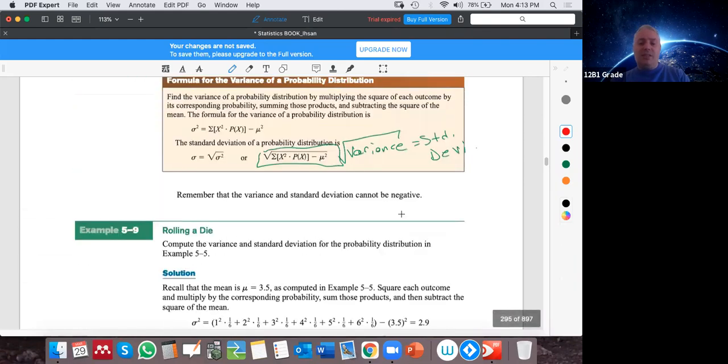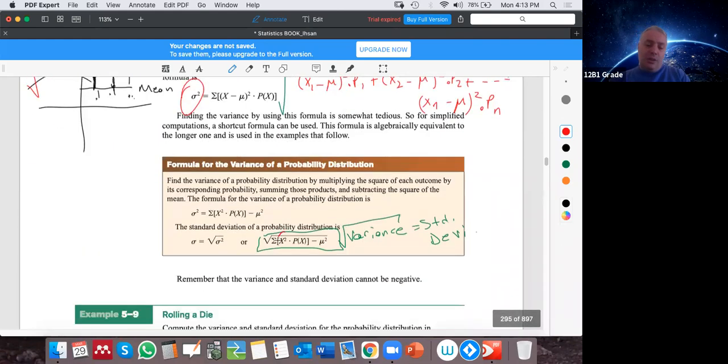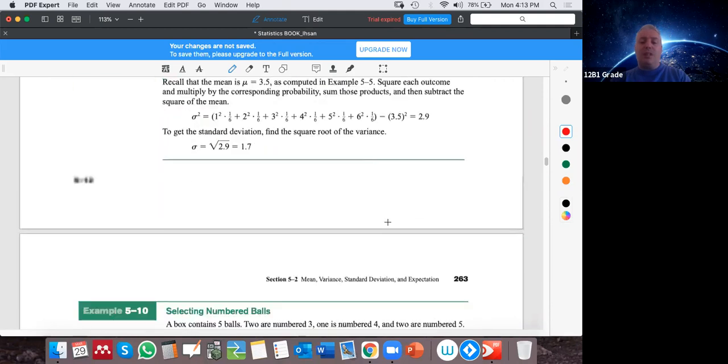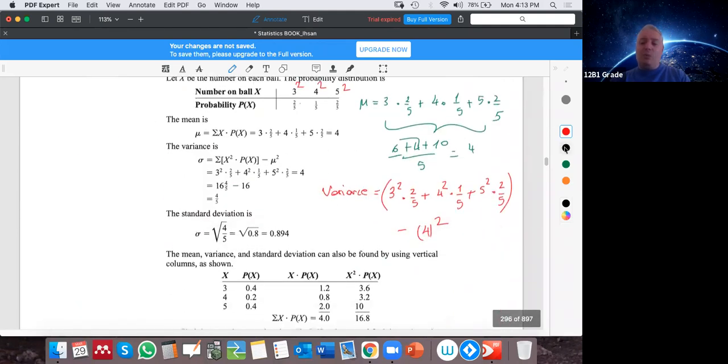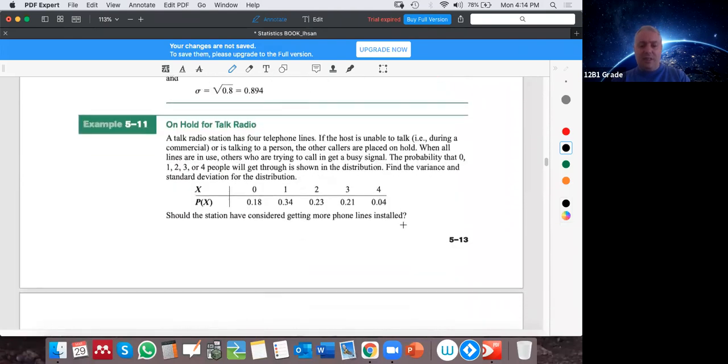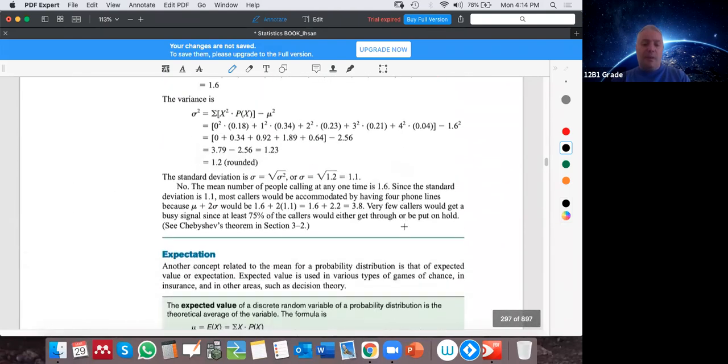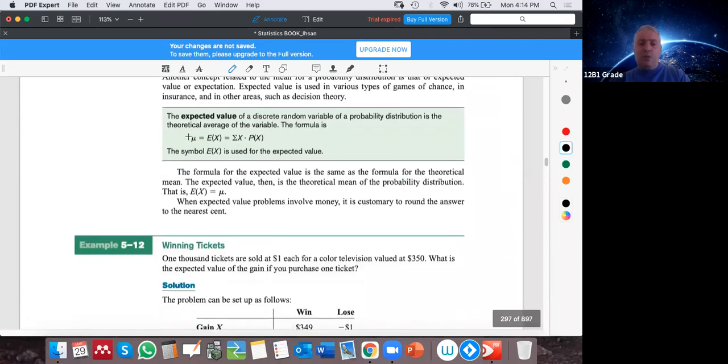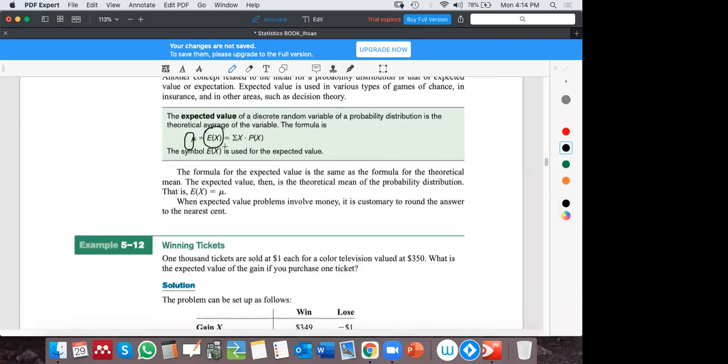The formula says that the variable square times its probability, when you finish all, minus expected value squared, is called variance. And what will be standard deviation? Standard deviation will be the square root of the variance. So when we calculate all, for example, the standard deviation comes out to this number. It's not difficult, and we already did it before. So I am passing. So mu is called expected value also.